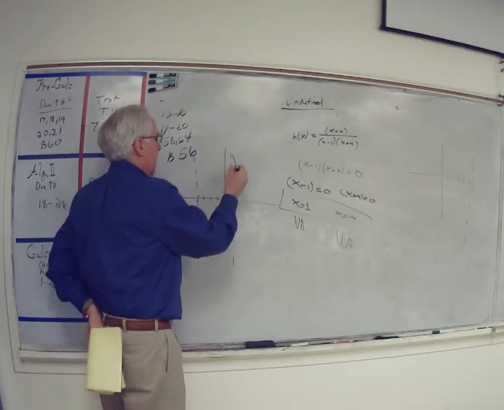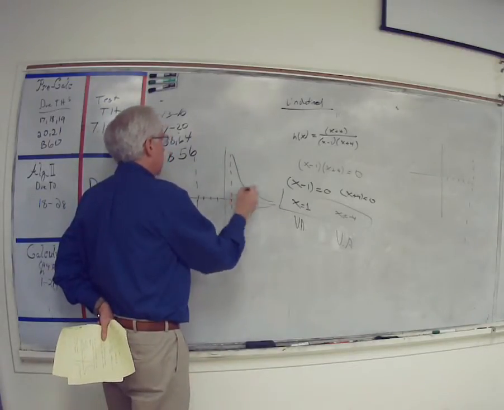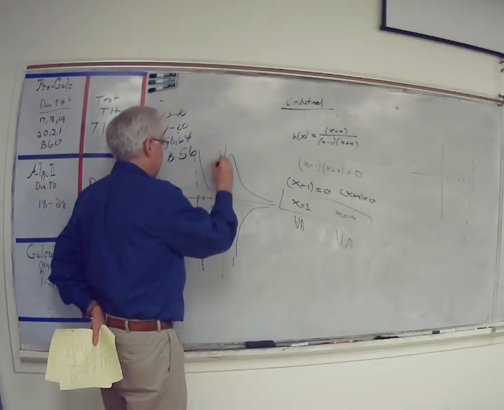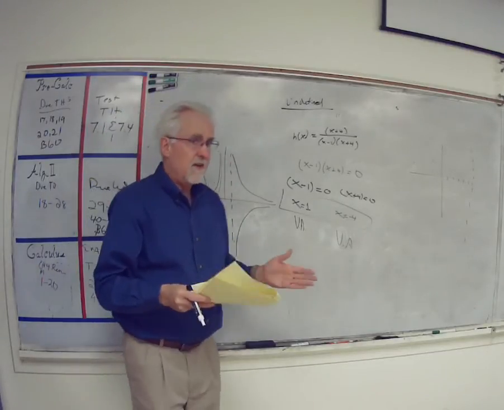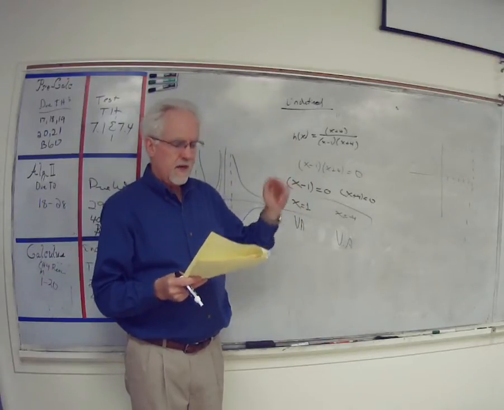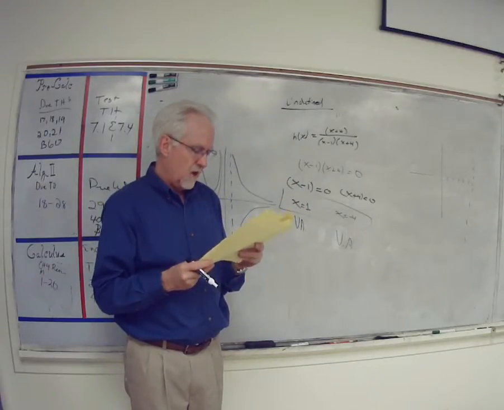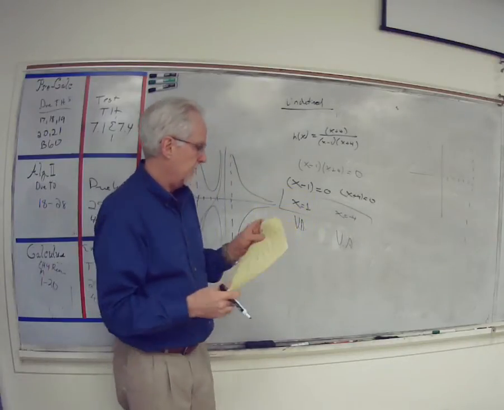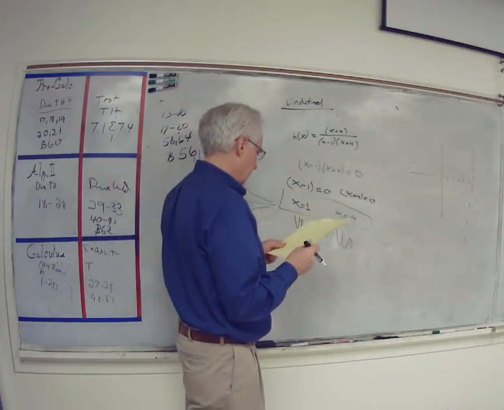Now, we would have to plug in some values, right? It might go like this, or it might go like this, or it might be like this, right? We would have to plug in some values to see what it looked like. But the key to success is to start by finding the what? The vertical asymptotes, okay? We start by finding the vertical asymptote.